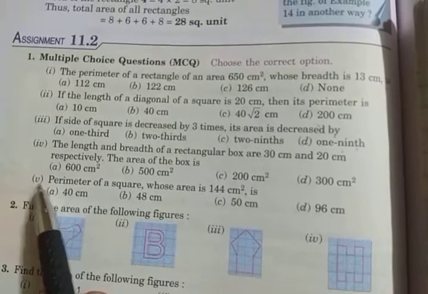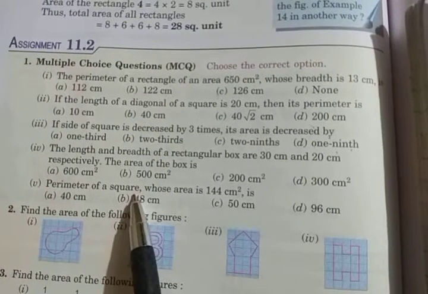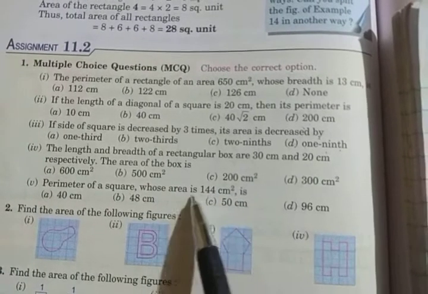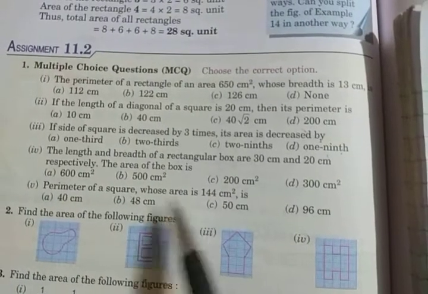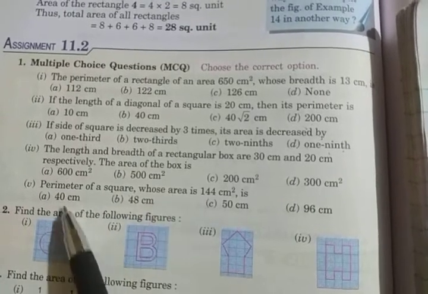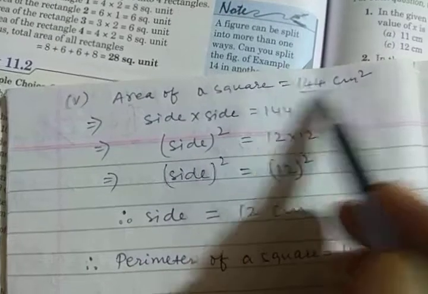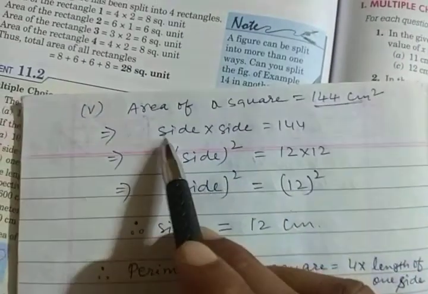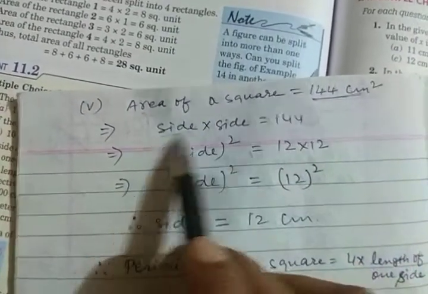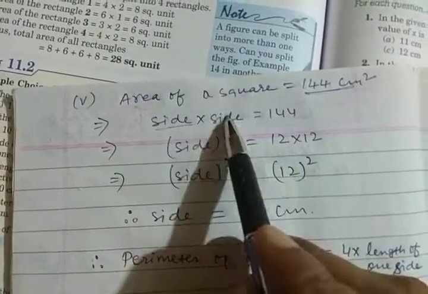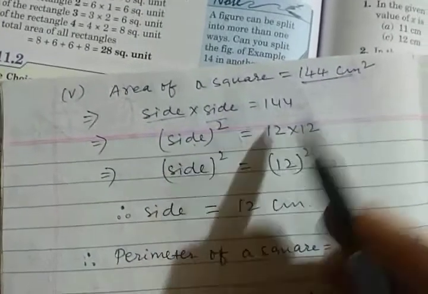See here, question number 5. Find the perimeter of a square whose area is 144 centimeter square. You have given the area, but we need to find the perimeter of the square. Area of a square is side into side, equal to 144 centimeter square. Side into side is side square.